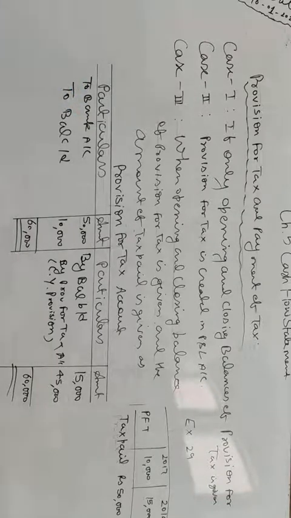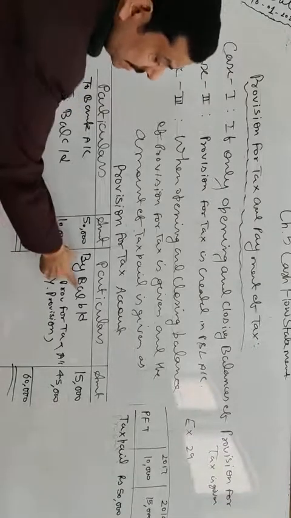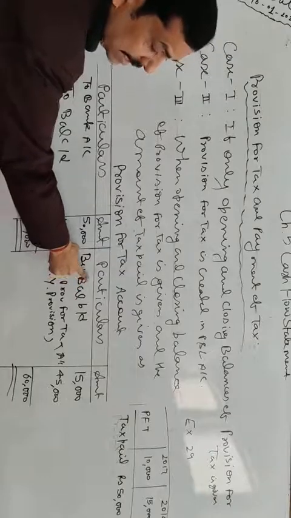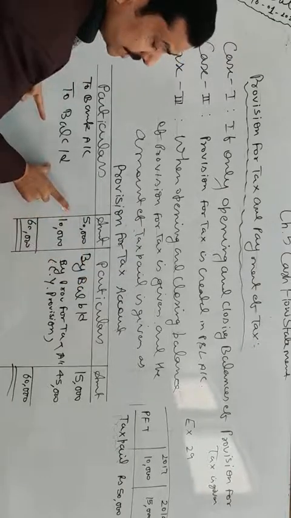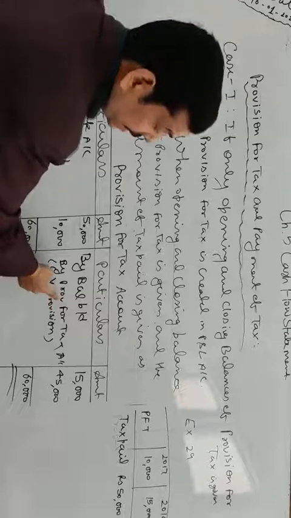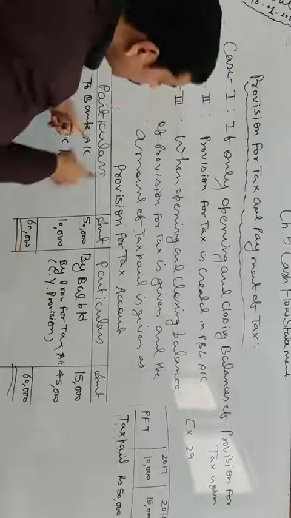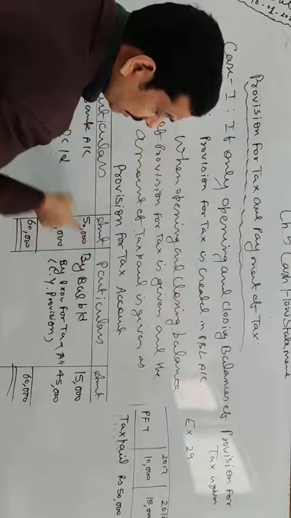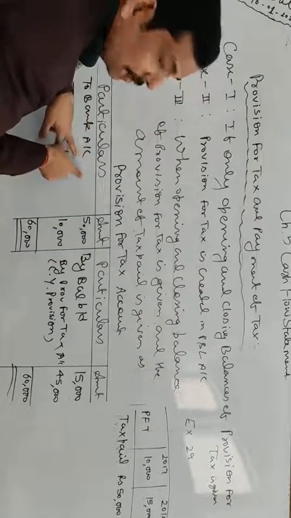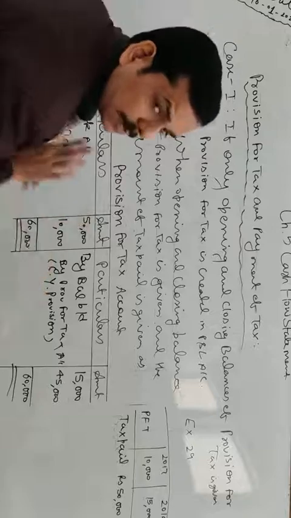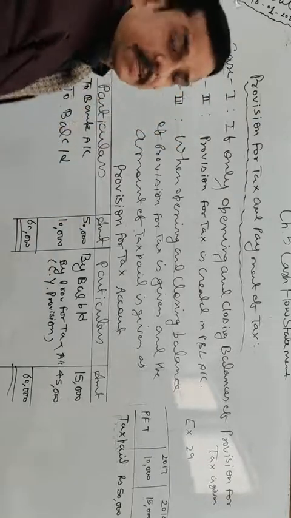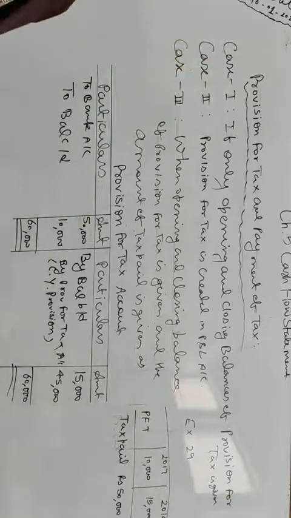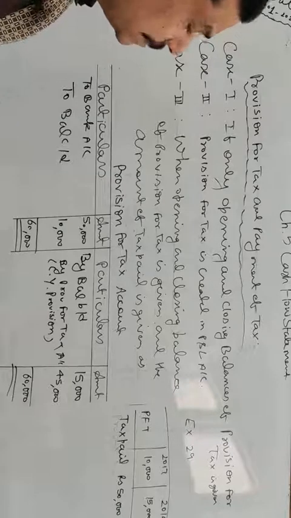So always remember, if opening balance of provision for tax, closing balance of provision for tax, and new provision created are given, then amount of tax paid will be the balancing figure. If opening balance, closing balance of provision for tax, and amount of tax paid are given, then current year provision will be the balancing figure. In this way, you have to solve with this provision for tax and payment of tax.